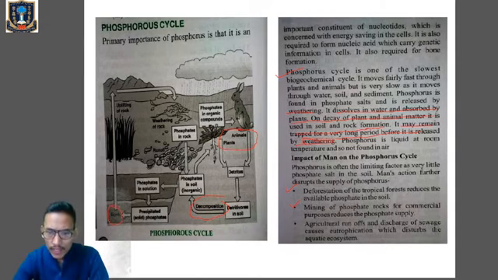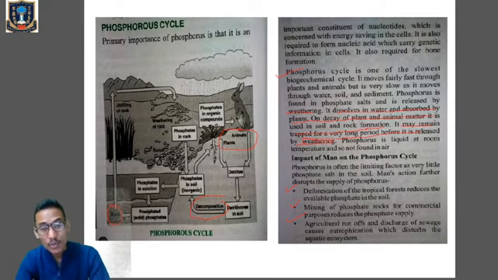Number three, agricultural runoff and the discharge of sewage cause eutrophication. Eutrophication means the growth of unwanted plants or weeds like algae in the water body. If you have visited any plain areas, then you have seen water bodies containing lots of algal growth. You have seen the water body being completely covered by algae.